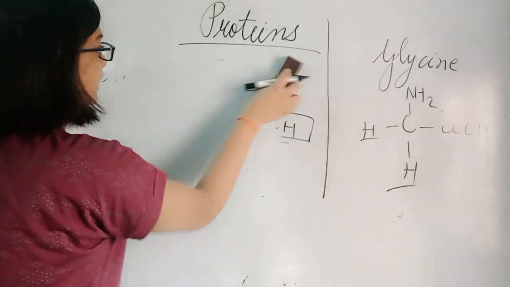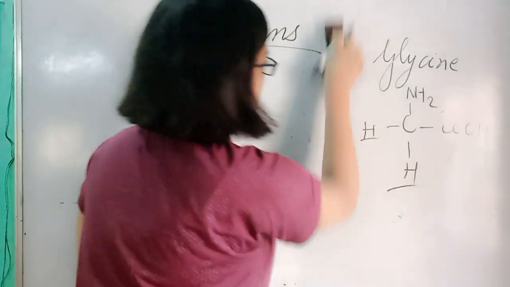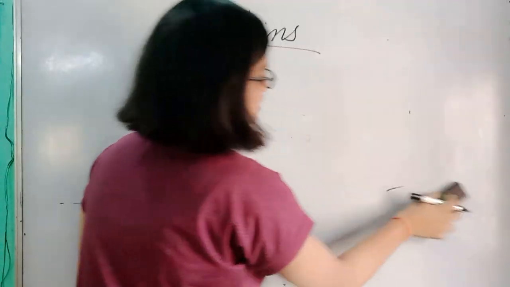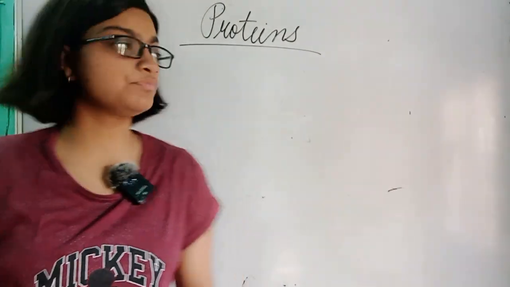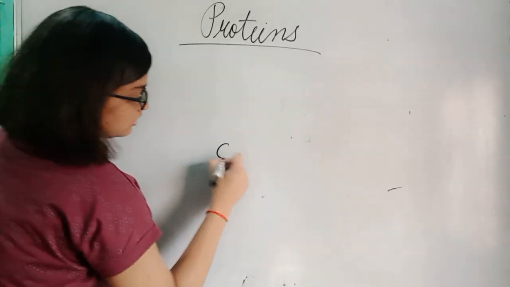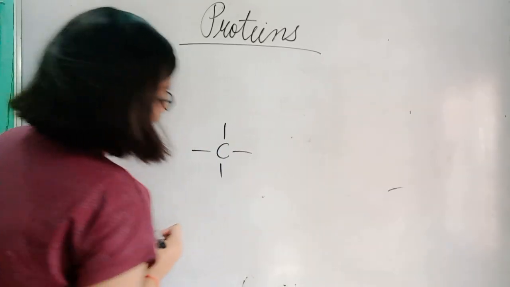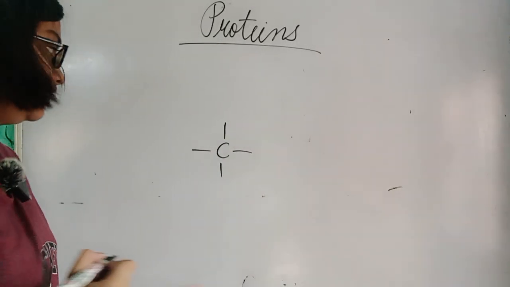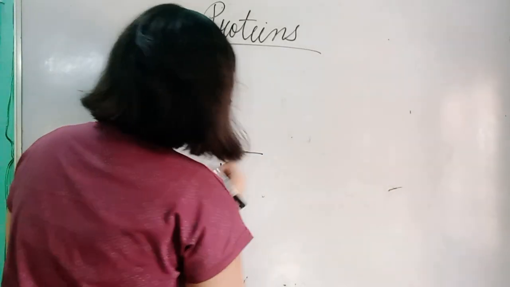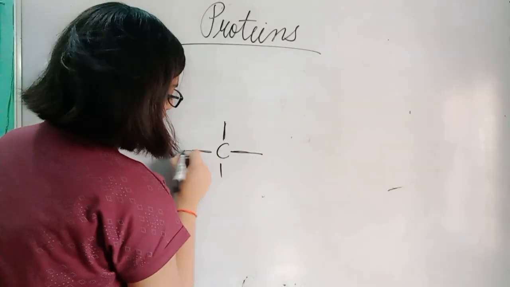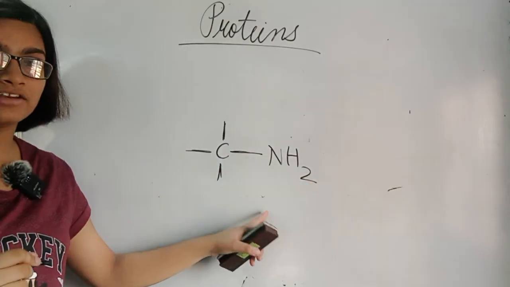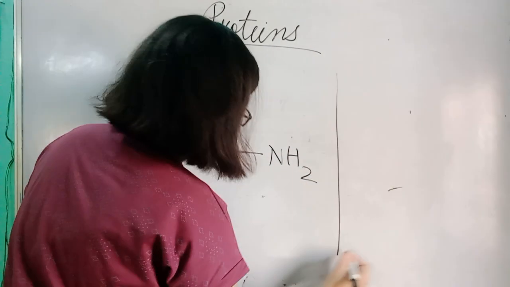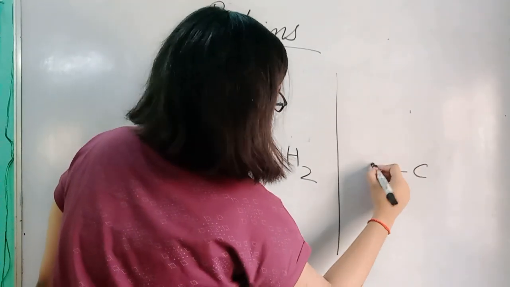Let us see the DNL configuration of amino acids. The DNL configuration of amino acids is determined by the position of the amine group. Let us see it with alanine's help. So this is our structure of alanine, and here the NH2 group can be present on the right side or on the left side.